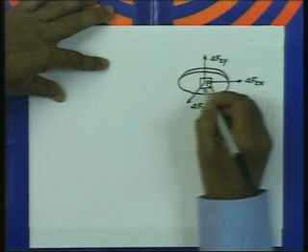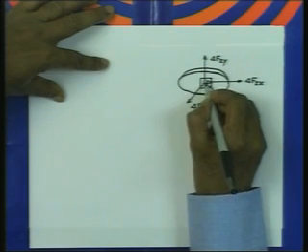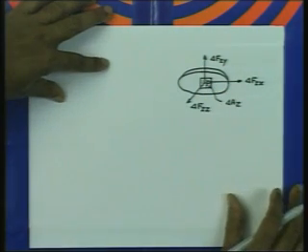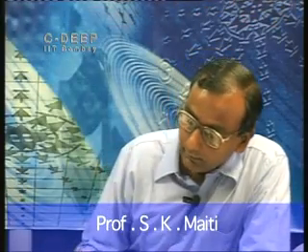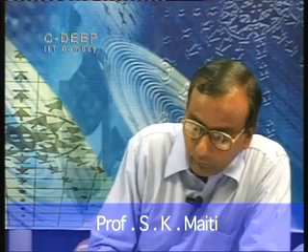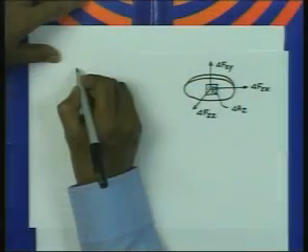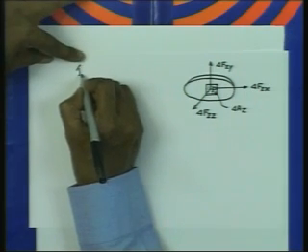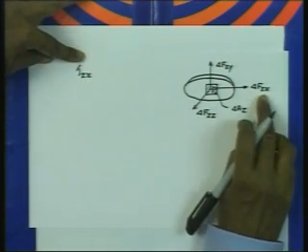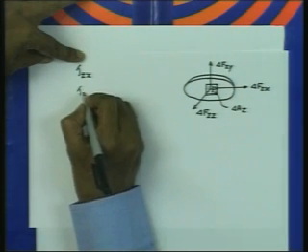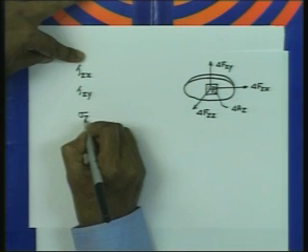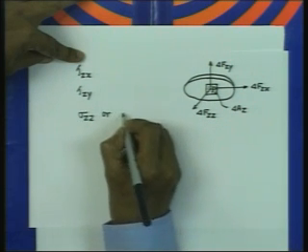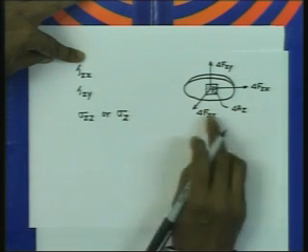So these are the 3 components of forces which are acting at this point because of the external loading. And from these again you can calculate the 3 components of stresses: tau zx arising out of this force, tau zy arising out of this force, and sigma zz or sigma z arising out of this force.